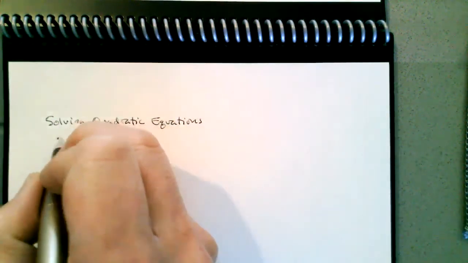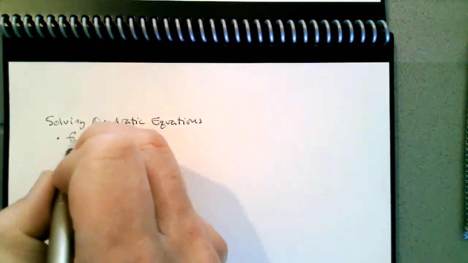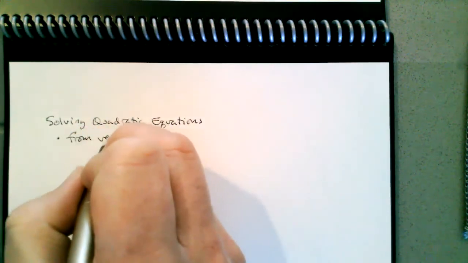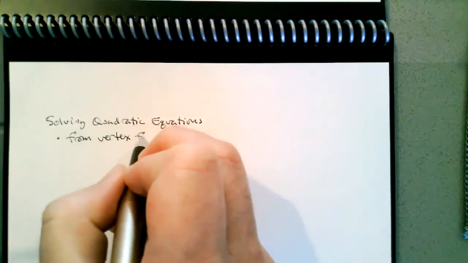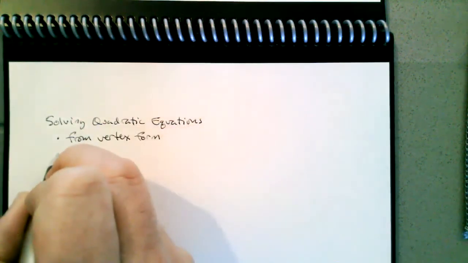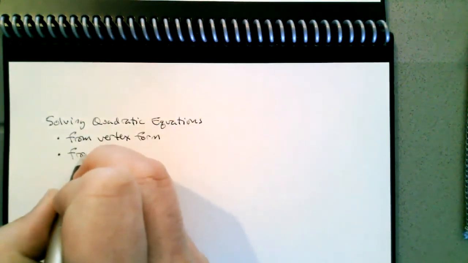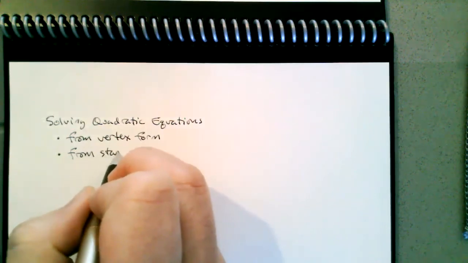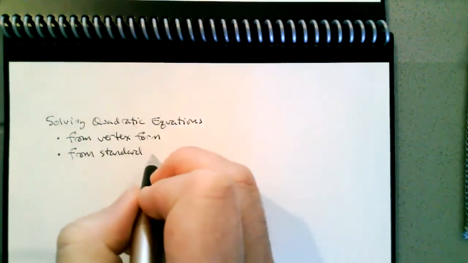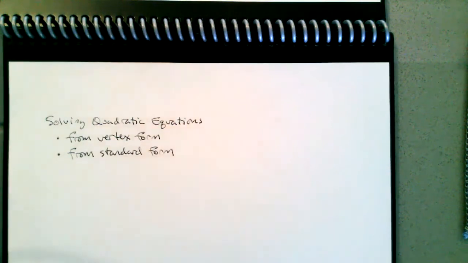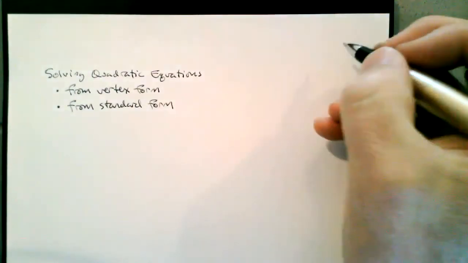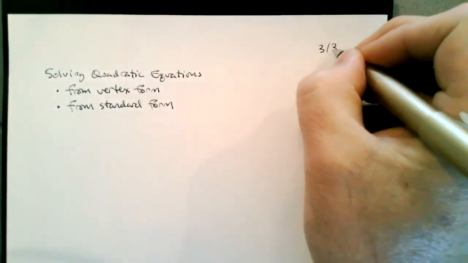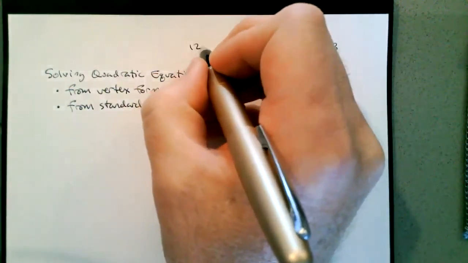We want to be able to do this from the vertex form and then from the standard form. So we want to be able to solve quadratic equations from the vertex form and from the standard form.